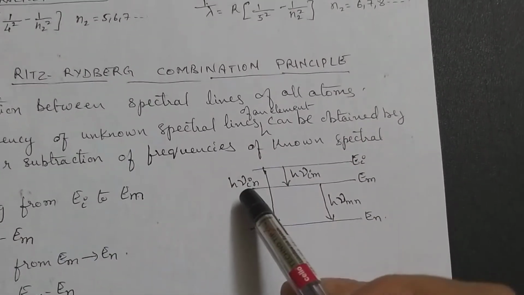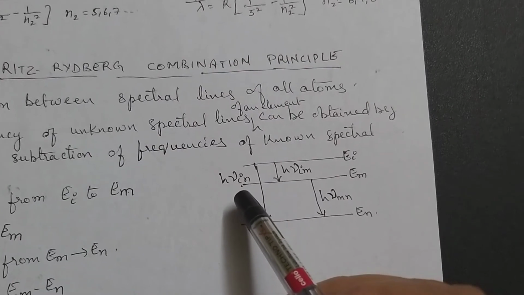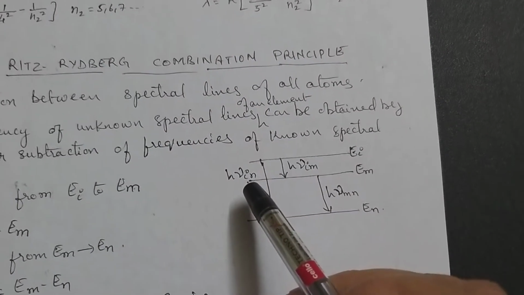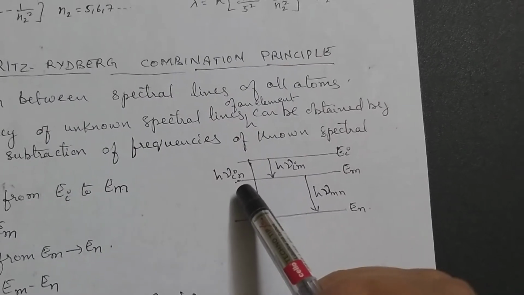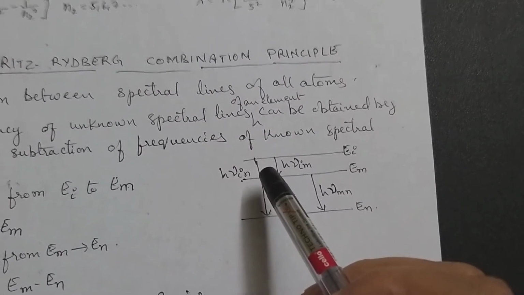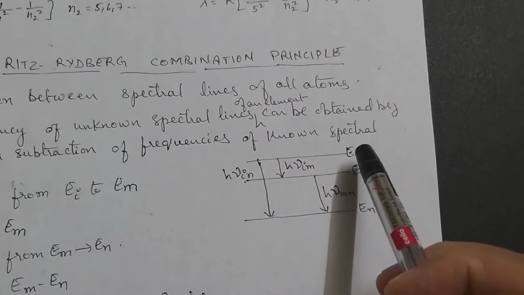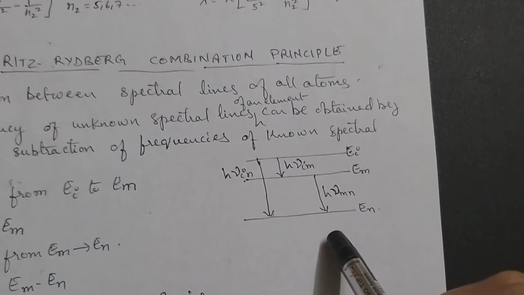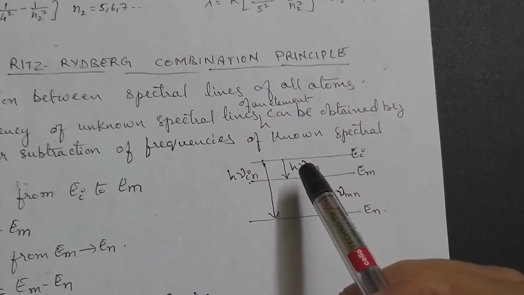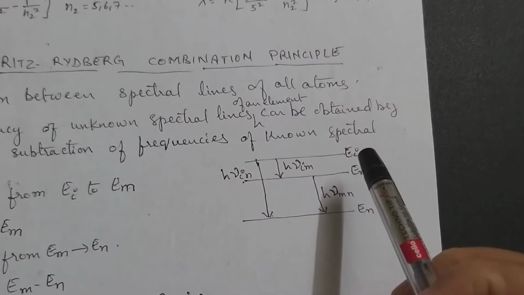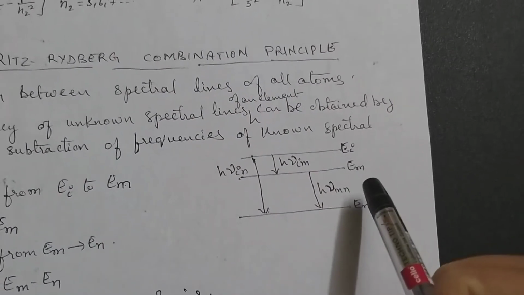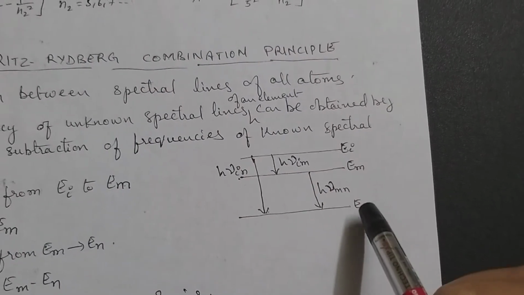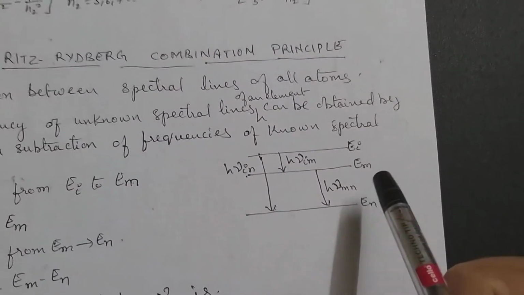Now h nu is the energy formula, the energy of radiation emitted. h nu in is the energy of radiation emitted when the electron jumps from ith state to nth state. Likewise, h nu im is the energy emitted when the electron jumps from i state to m state, and from m to n it is h nu mn.